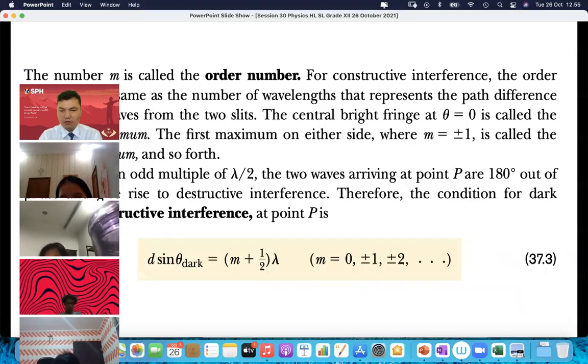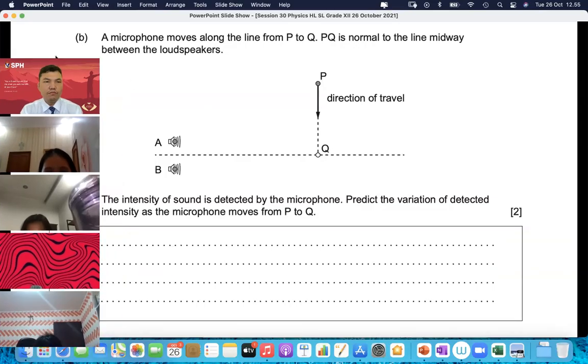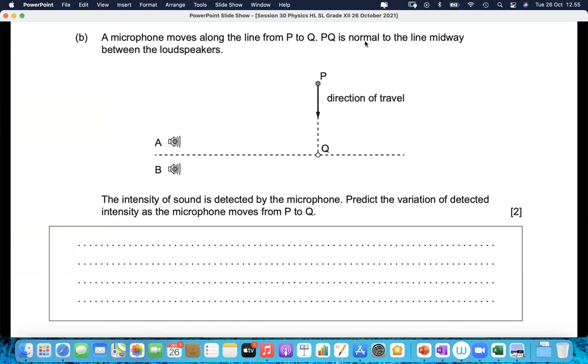Okay, now we go here. A microphone moves along the line from P to Q. PQ is normal to the line midway between the loudspeakers.